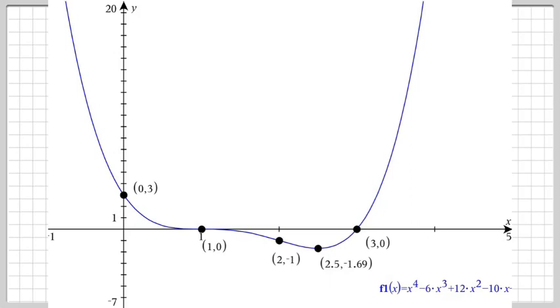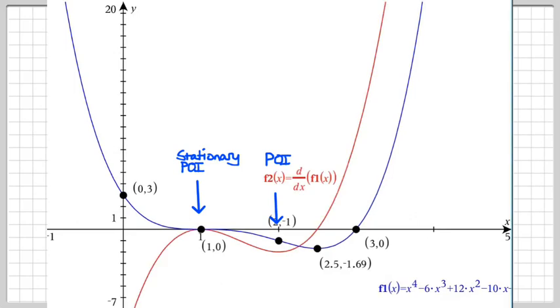Let's have a look at the gradient function now, and we'll see if what we learned in the last video works. This is a stationary point of inflection, just to point out the obvious. This is a POI, but not stationary. Now here comes the red graph, which is the gradient graph.